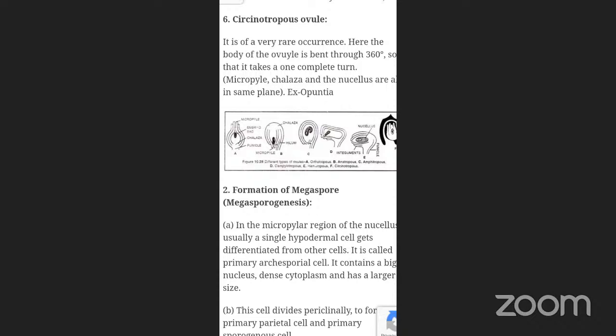So this can also be regarded as an exclusively developed caruncle. Caruncle is also another type of additional development.